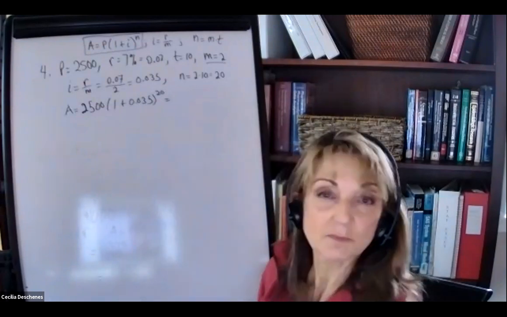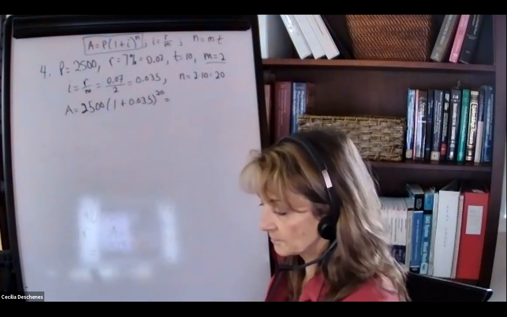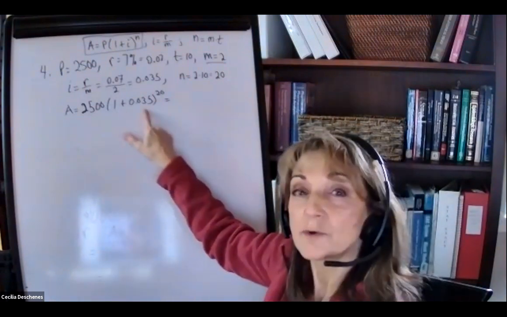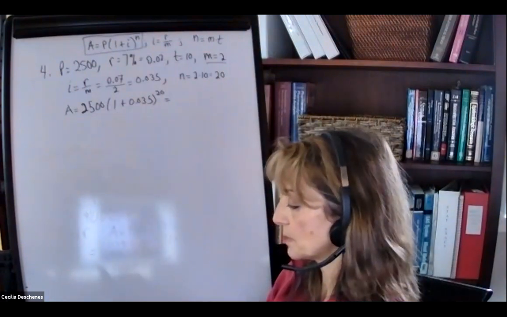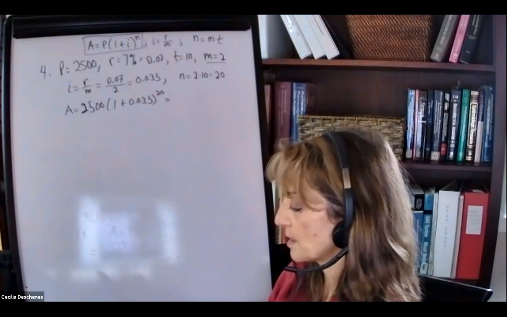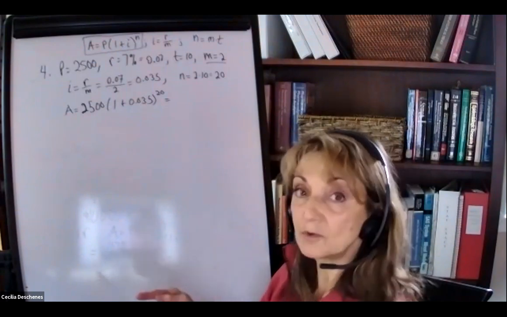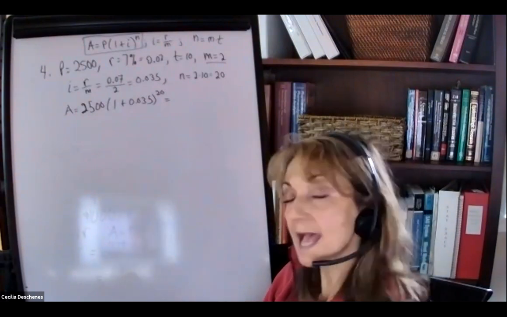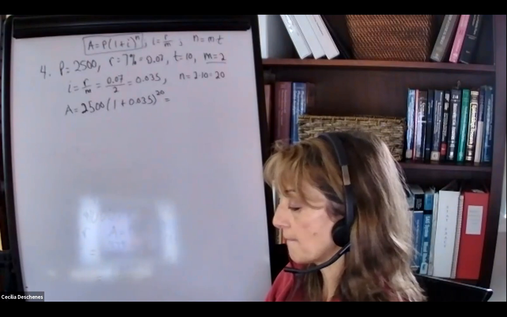Okay, so let's make sure you can get that on your calculator. The way I do it is I start inside the parentheses. So I do 1 plus 0.035, and then I hit equal. So I get 1.035. And then I hit the little button that has an x raised to a y.